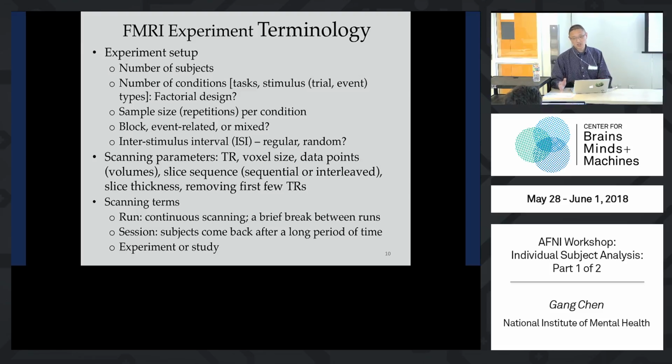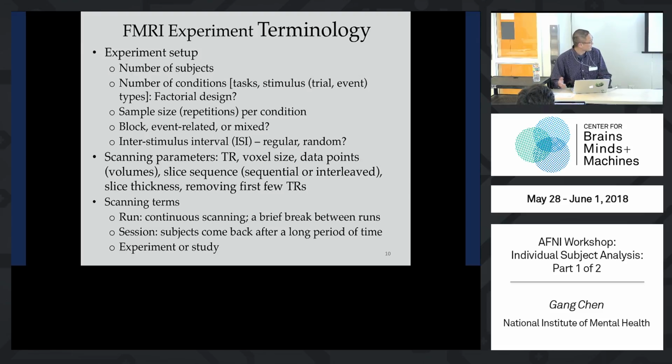Then for each task, each trial, there's the concept of whether it's a block design or an event-related design. The differentiation between those two is just arbitrary. People say event-related design simply because the duration of each trial is about 1 TR or less. If it's longer than that, people usually call it a block design.